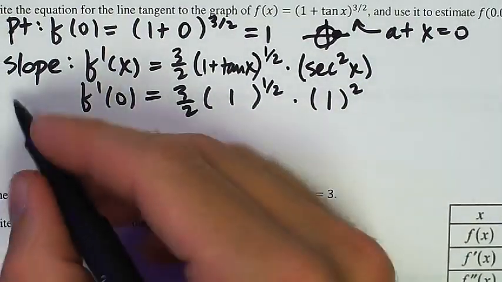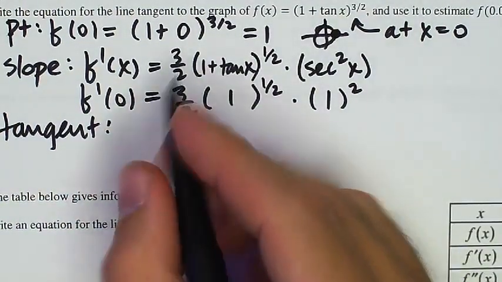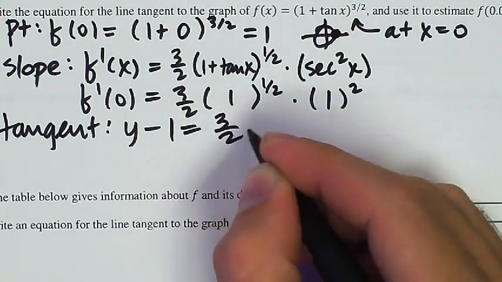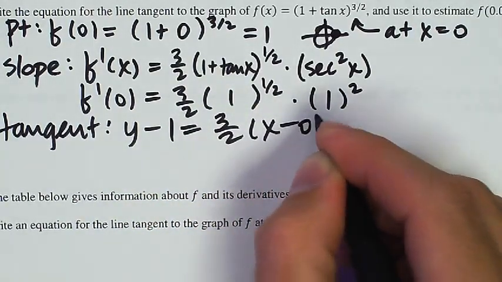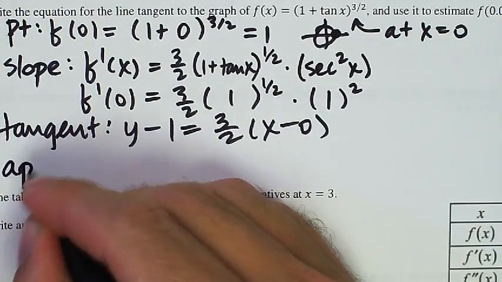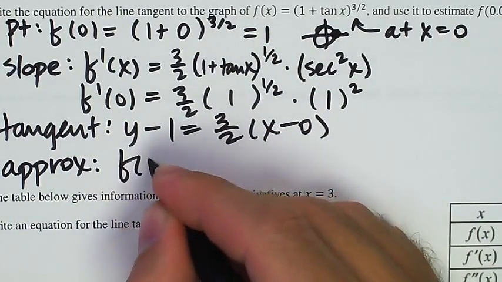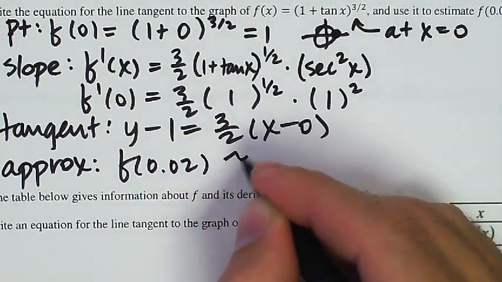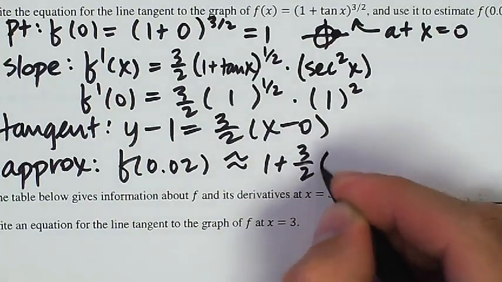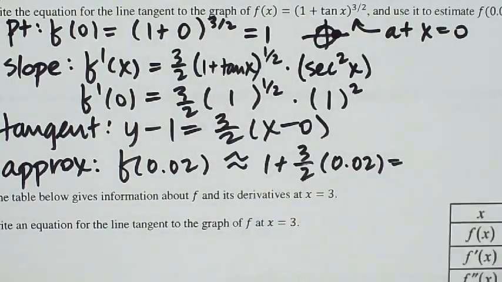The tangent is y minus 1 equals 3/2 of x minus 0. And then my approximation is going to be f of 0.02 approximately equal to 1 plus 3/2 of 0.02, which is going to be 1.03.